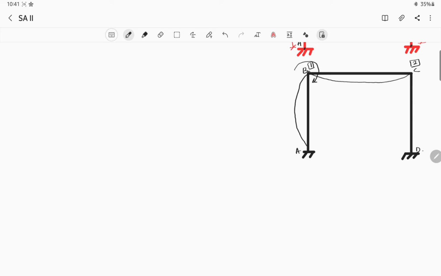Okay, so what will happen here? I'll write here formulating stiffness matrix. K11 is nothing but the deflection at node 1 due to rotation at node 1. What is happening at K11?